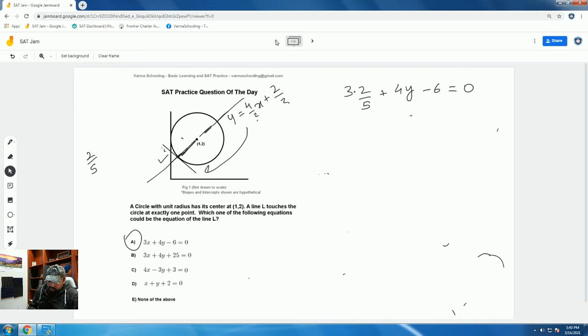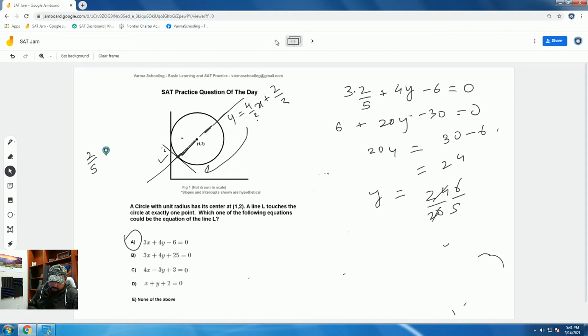So multiplying this whole thing by 5, that would be 6 plus 20y minus 30 equals 0. So 20y equals 30 goes on that side, it's positive, and then minus 6 will be 24. So y equals 24 over 20. Dividing by 4, that's 6 over 5.